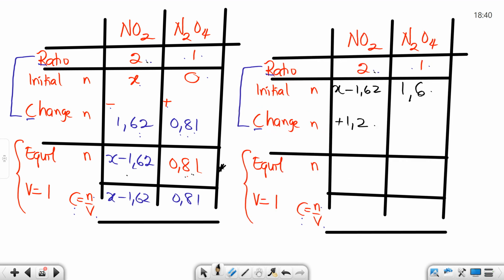Plus 1,2. It's not the new equilibrium. It's what has been added. We added it so that we change the system, and the system will then create its new equilibrium.